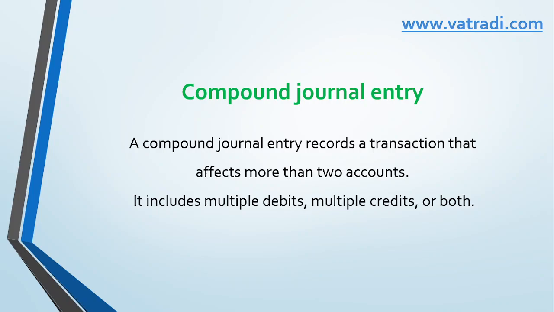However, you need to remember every time the general rule: debit must equal credit, no matter how many GL codes you insert. And when I explain my example, I insert one simple entry and one compound entry.